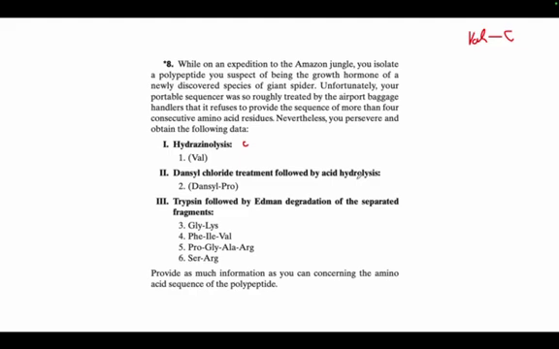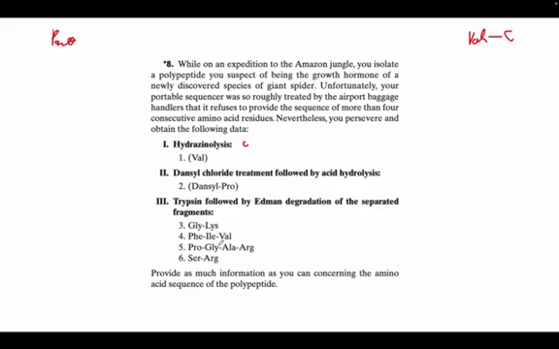Remember, dansyl chloride treatment will liberate all the amino acids but will label only the N-terminal amino acid. So we know that whatever amino acid we get through this will have to be the N-terminal amino acid. So dansyl chloride treatment gives us the N-terminal amino acid, which is proline.